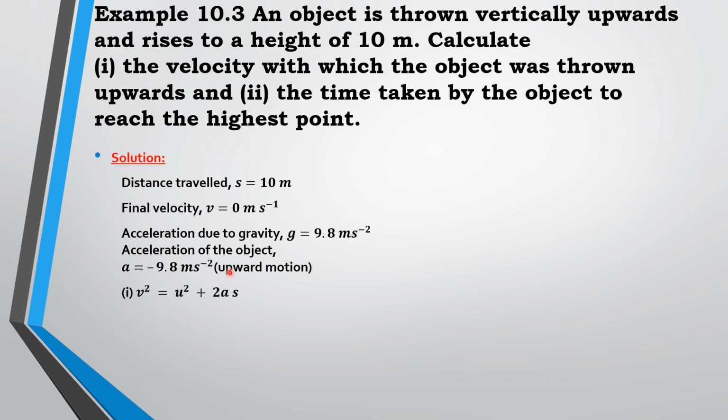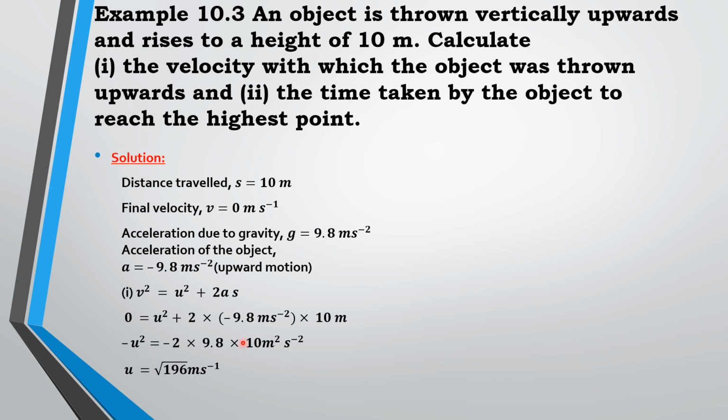So first of all, to find the velocity, we will apply this formula, that is v square is equal to u square plus 2as. Now substituting the values, we will get 0 is equal to u square plus 2 into minus 9.8 meter per second square into 10 meter, which gives minus u square, taking u square on the LHS, is equal to minus 2 into 9.8 into 10 meter square per second square, which gives the value of u as root of 196 meter per second because we took the square root on the RHS.